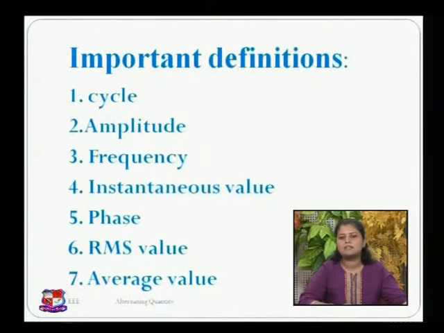Sixth one is the RMS value. Now RMS value is related to the amount of heat produced by a given current. Suppose you have one circuit and you give a DC current to that circuit. Due to this current, some amount of heat will be produced.